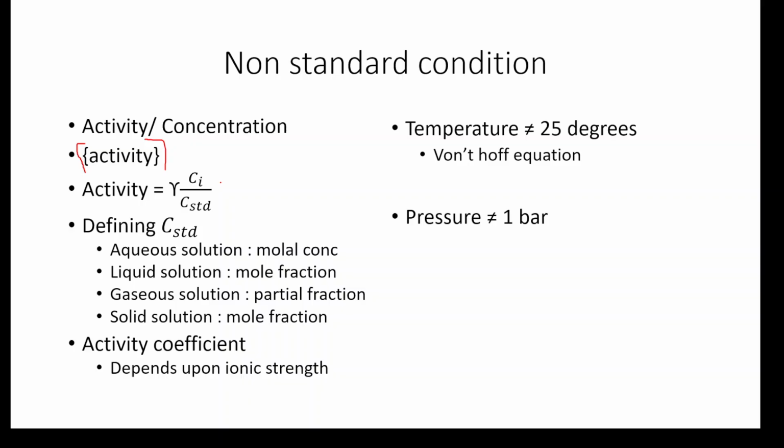It is the concentration in the current form divided by C in the standard condition. Standard condition was what? Temperature, pressure, and activity. So this is how the activity will be defined.